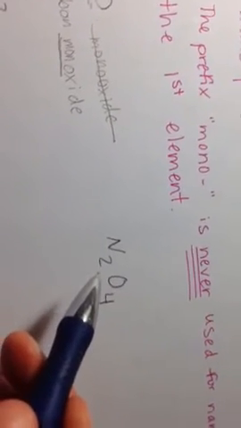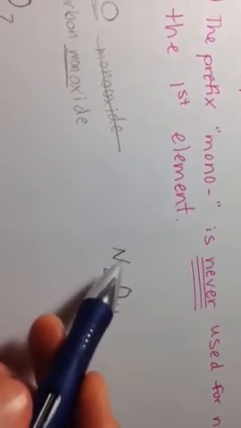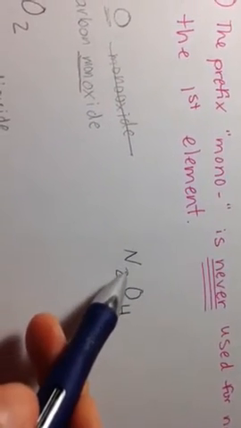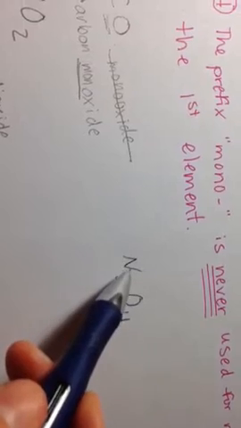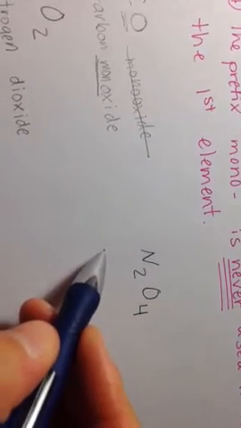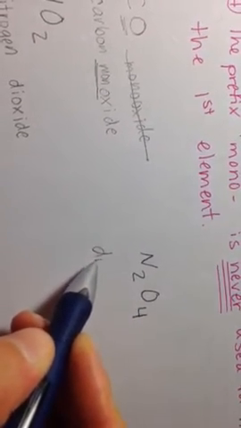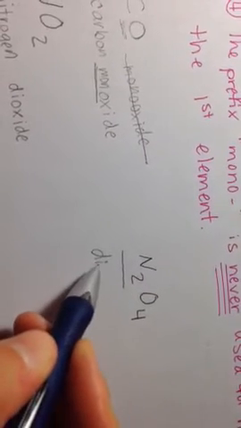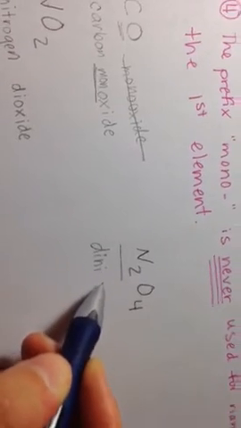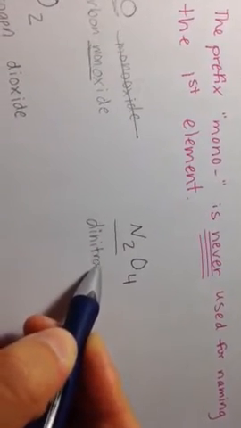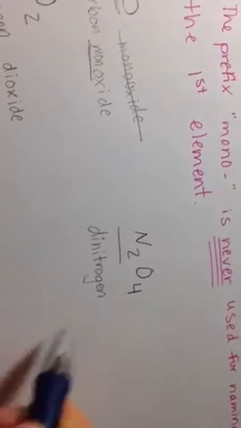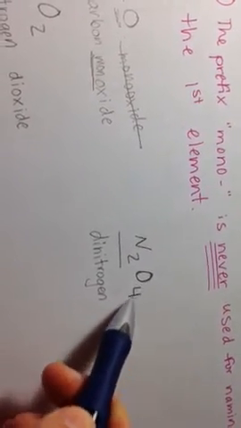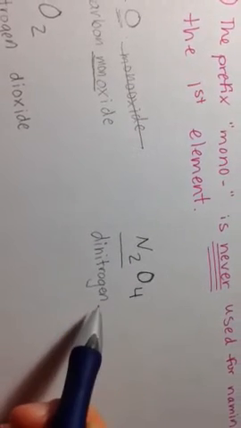Here again we check to see if it's covalent, and yes, we have two nonmetals bonding together. Since there's more than one of our first element, we use the corresponding prefix. In this case it's two, so we use di. Then we name the first element just as we would normally, nitrogen. And then we take a look at the oxygens. This time we have four oxygens.